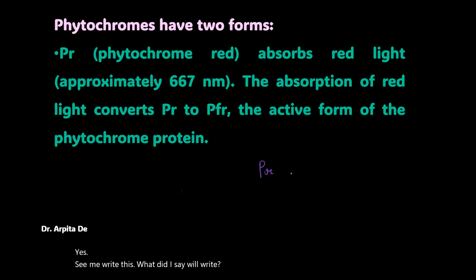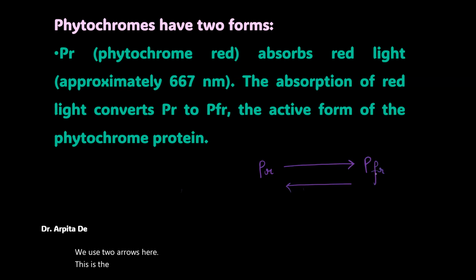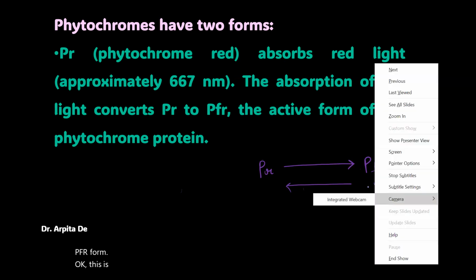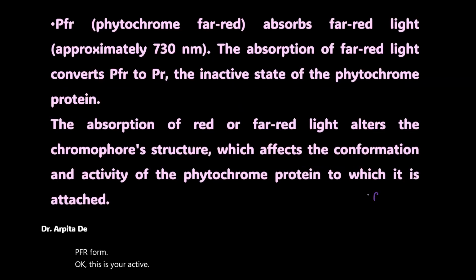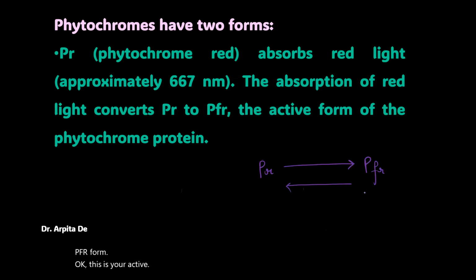This is the PR form. We'll use two arrows here. This is the PFR form. This is your active state, and this is the inactive state.